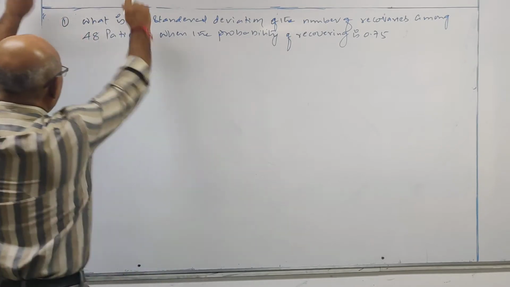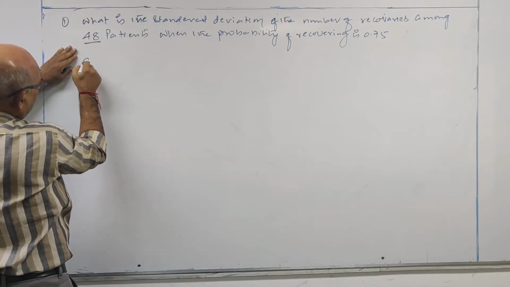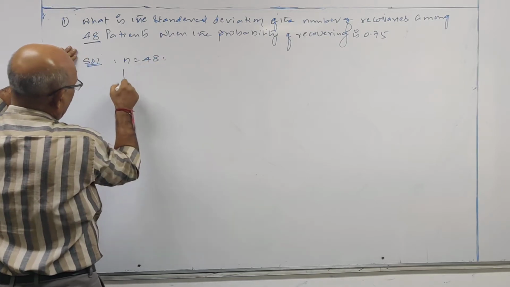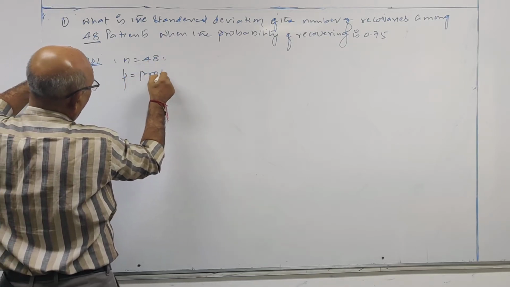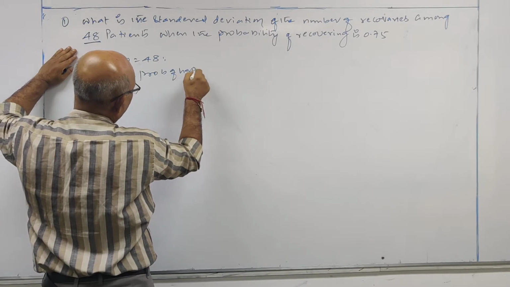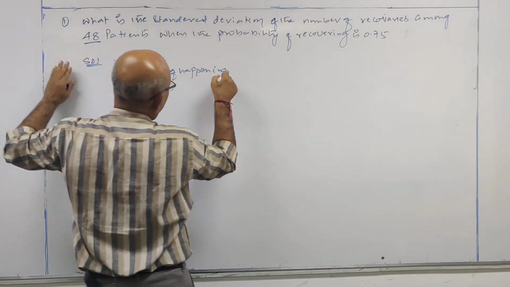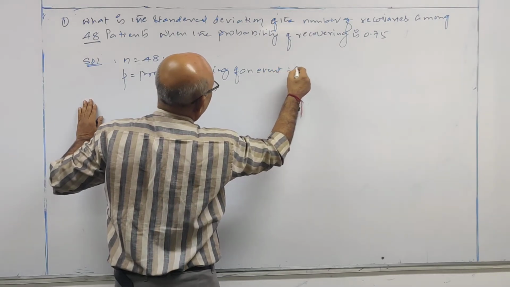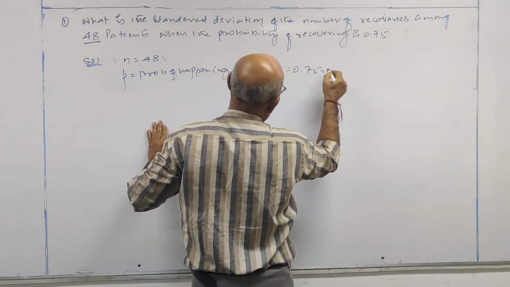Now here, how many patients are tested? 48. N is equal to 48. P is equal to probability of happening of an event, 0.75. This is 3/4.